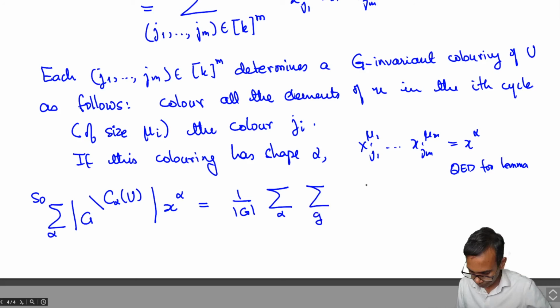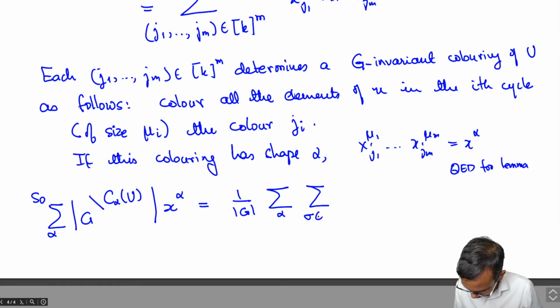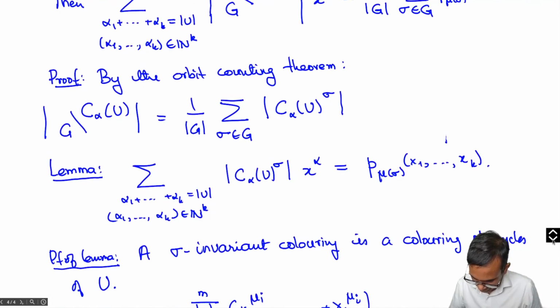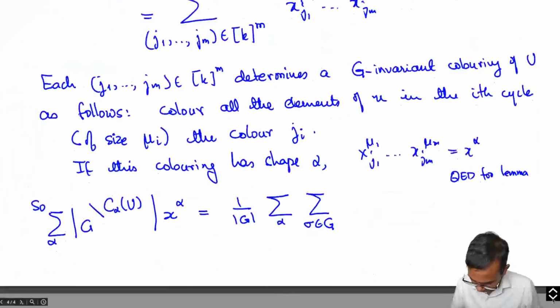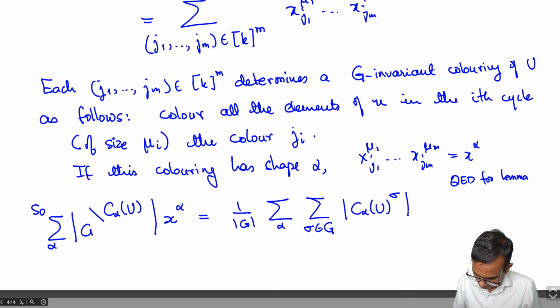And I should say sigma in G, and what do we have? We have here C alpha of sigma and we have x to the power alpha.